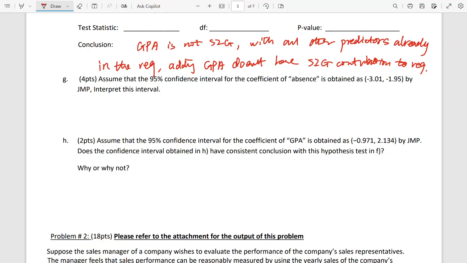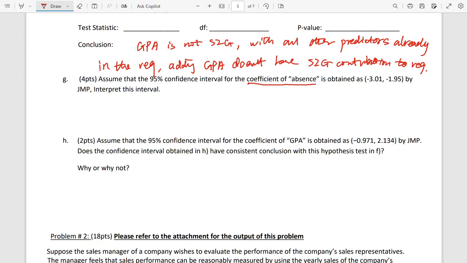So then next one. Assuming that the 95% confidence interval for the coefficient of absence is obtained as negative 3.01 to negative 1.95, interpret this interval. Now we are talking about the coefficient of absence. That means we are talking about how the absence affects the Y, which is the performance.